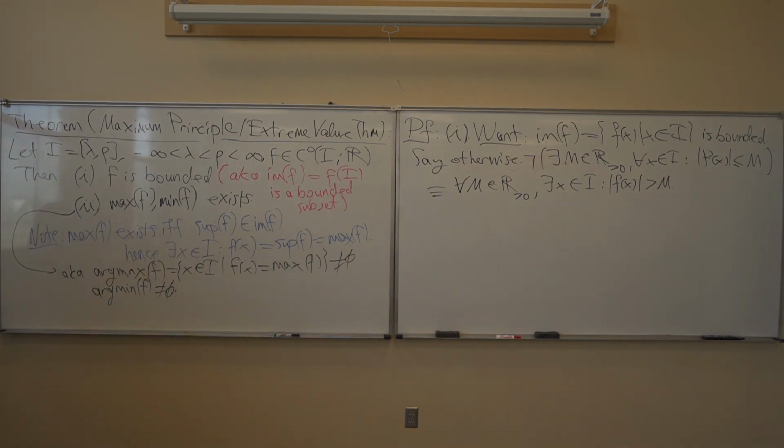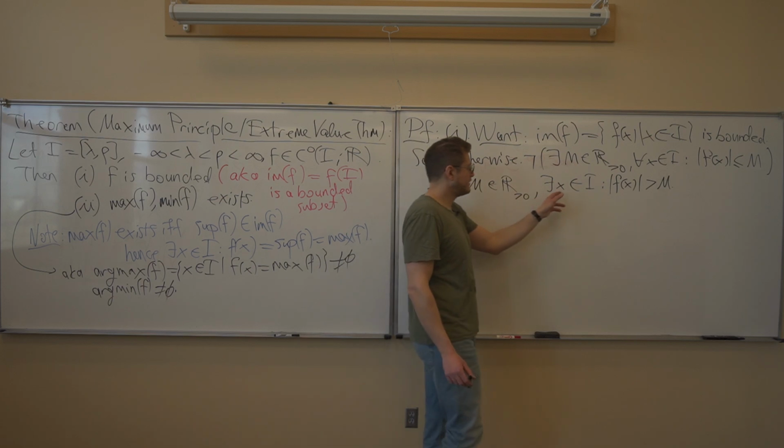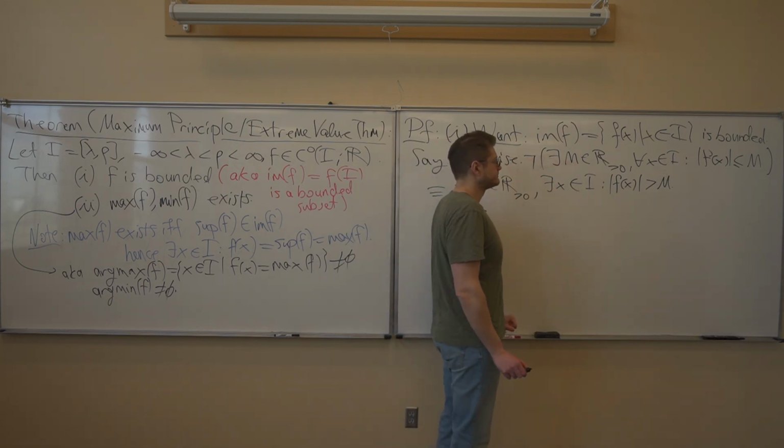Any guesses as to how to continue here? What I want to do is take this logical statement and farm it to create a sequence in I. Right? Because it says for any M, I have this.